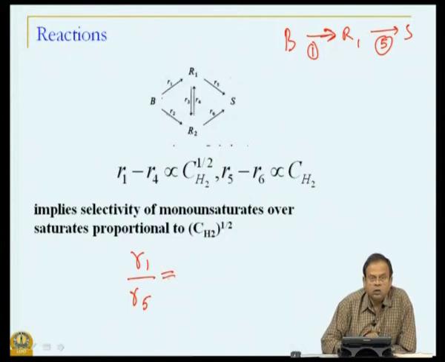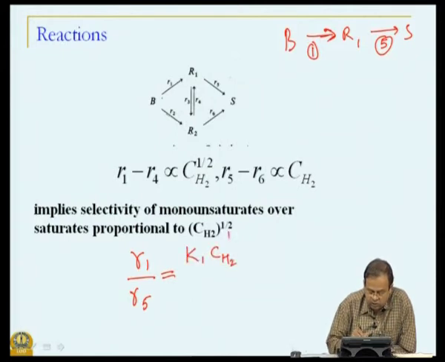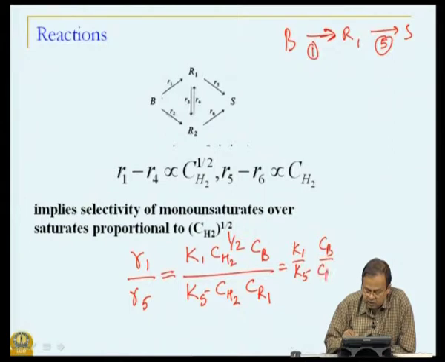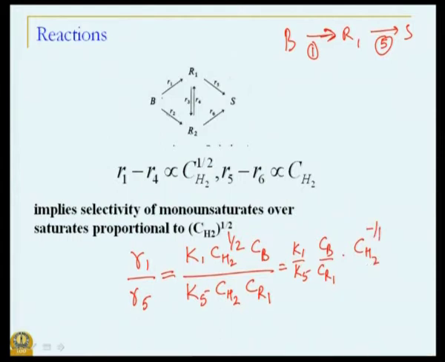So, what this would imply is that this is K1 hydrogen concentration raised to half Cb, this to R5 is K5 hydrogen concentration Cr1. So, this now we can write as K1 by K5 into Cb by Cr1 into concentration of hydrogen raised to minus 1/2.